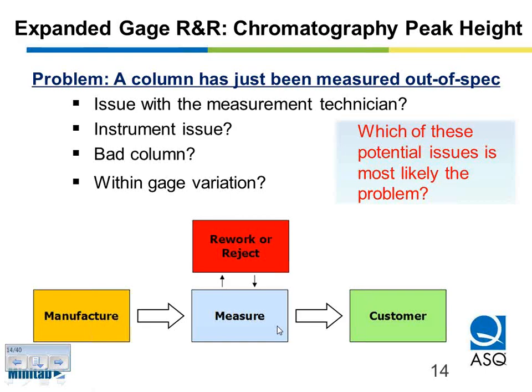On the other hand, if that part was out of spec because of an issue with the measurement, the technician, the gauge, or just within-gauge variability, then that's not necessarily a job well done. We need to know if that variation is contributing to whether or not we're rejecting or failing to reject parts. So this measurement system, and understanding the system, was critical to this company.